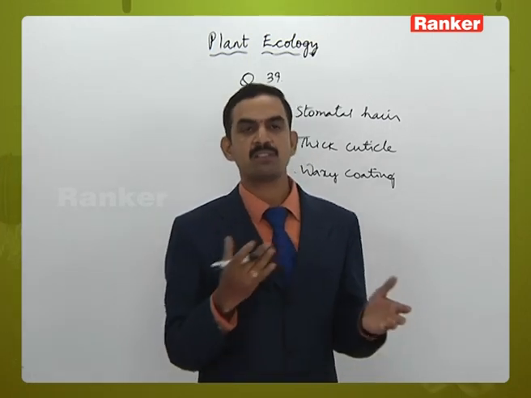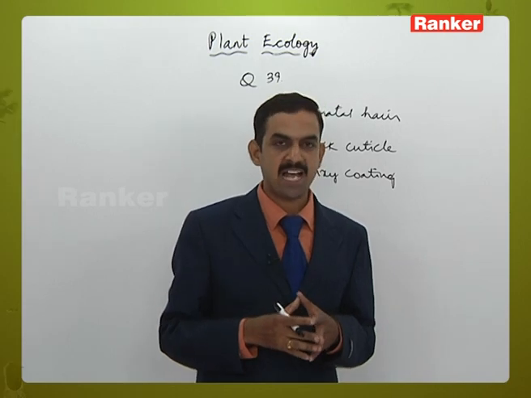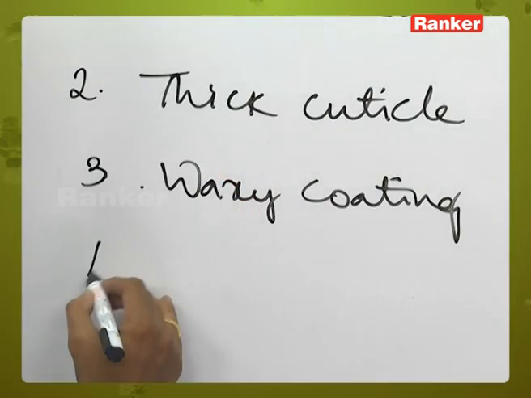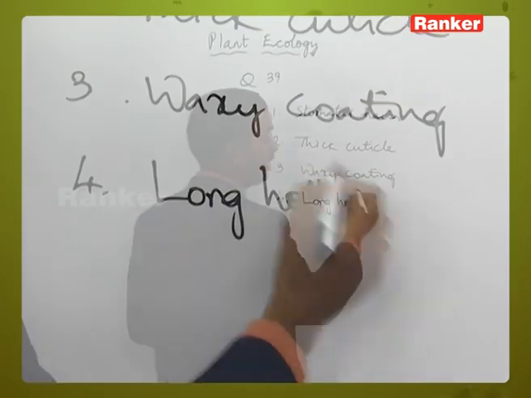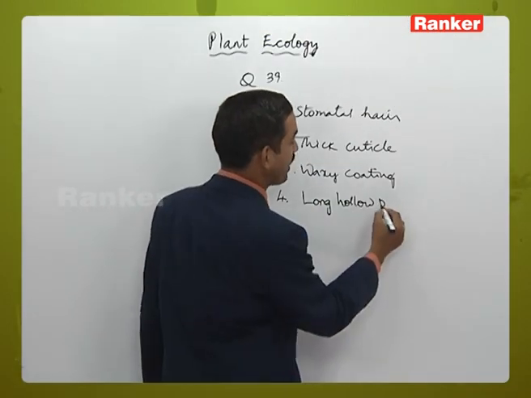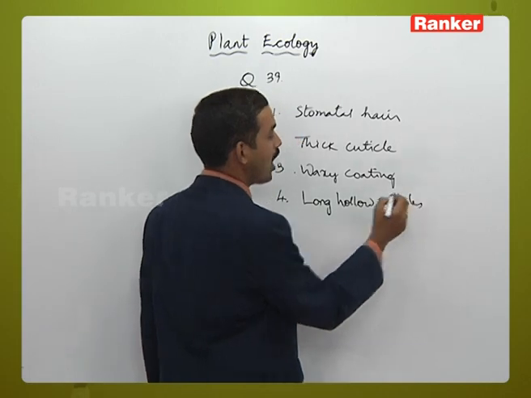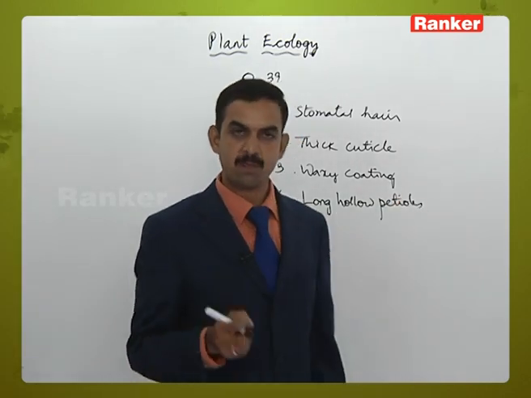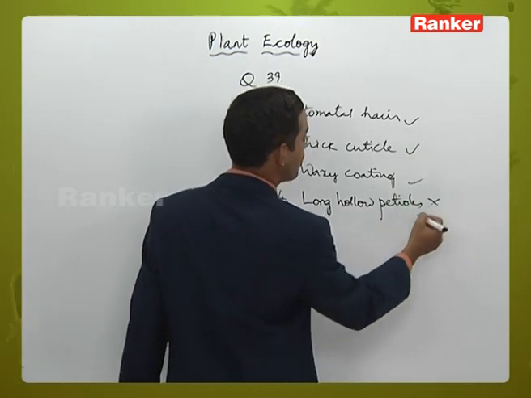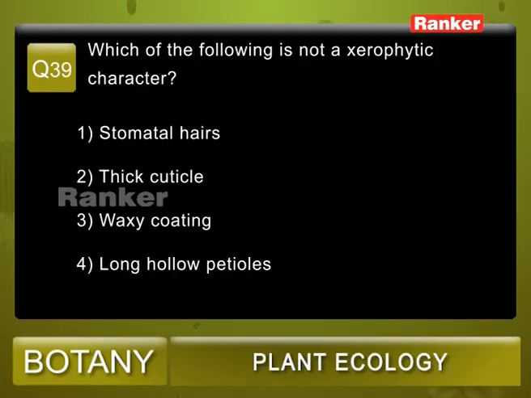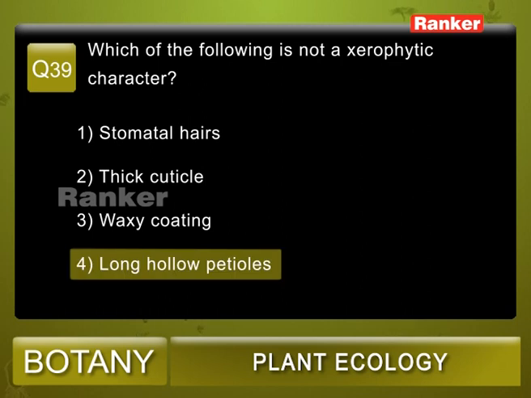So this is a way how the rate of transpiration can be reduced. And coming to long hollow petioles, which are present in these plants, this is not an adaptation of a xerophytic plant. These three are related to xerophytes, but this is not. So question number 39, the correct answer is 4.